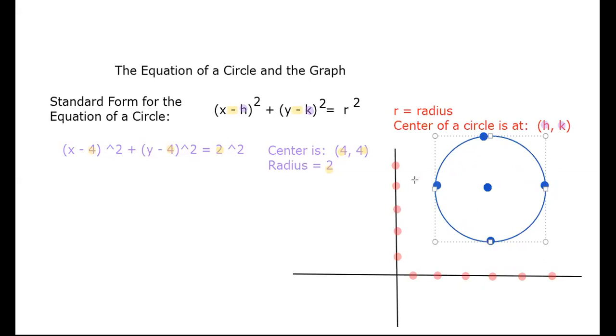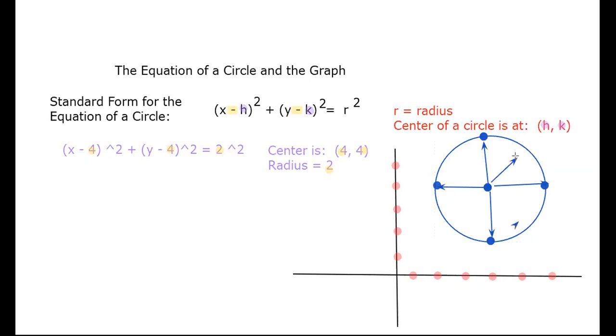Now, how did I get those 4 points on the circle? I got those because I knew the radius was 2. And so all I had to do was come out 2 spots to the left of the center because it was an exact point, 2 to the right, 2 up, and I went 2 down. That gave me 4 points.